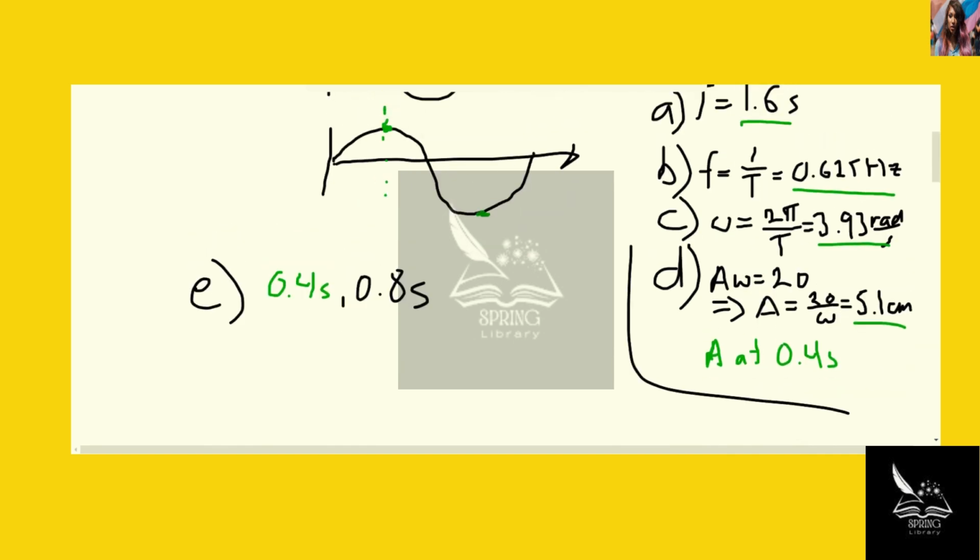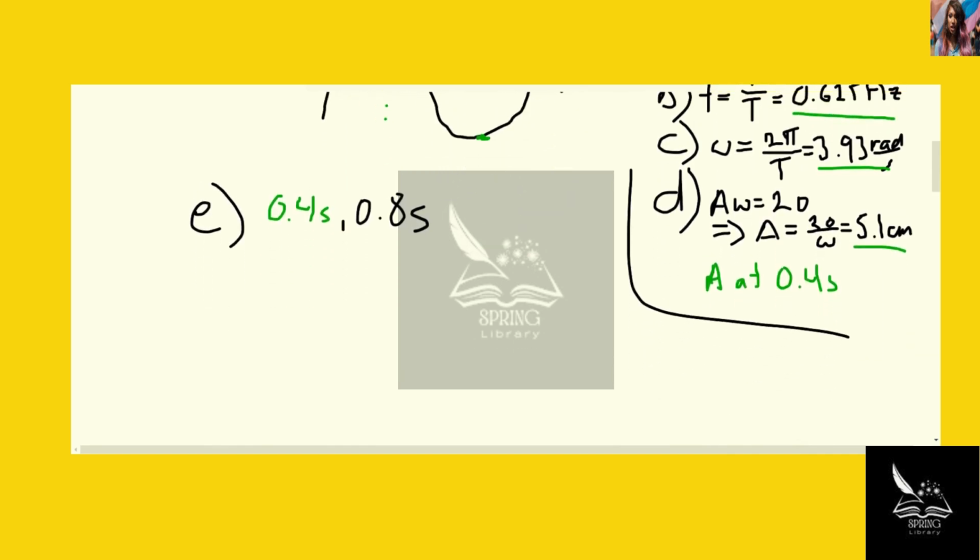So we also have to find what the maximum acceleration is, and we saw from before that x double dot is equal to minus A omega squared times the sine of omega t. And the maximum is, of course, when sine is 1 or minus 1.